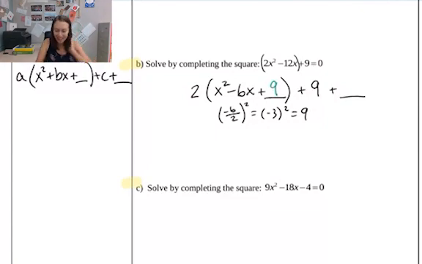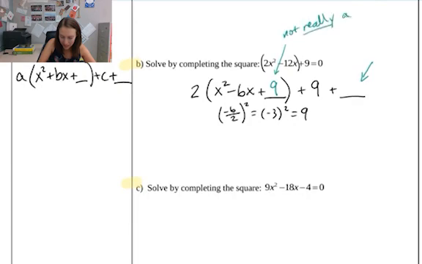And then this one here is tricky when we have an a value we took out. It's not going to be negative 9 like it was in the first example, because this one right here is not really a 9. It's a 2 times 9. We have this 2, and if I bring it in, when I really think about what I added to my equation, I added 18.